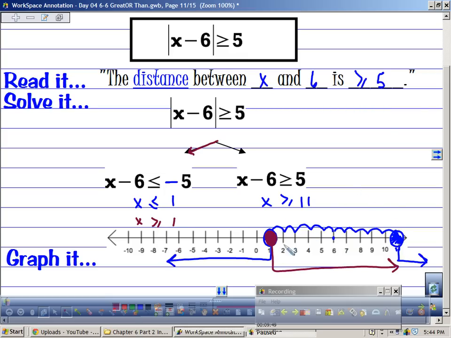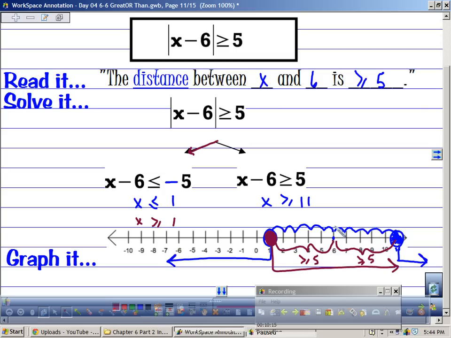Well, if this right here is the distance between x and 6 in the negative direction, and this is the distance between x and 6 in the positive direction, both of these values need to be greater. The distance has to be greater than 5. Greater than 5 and greater than 5.